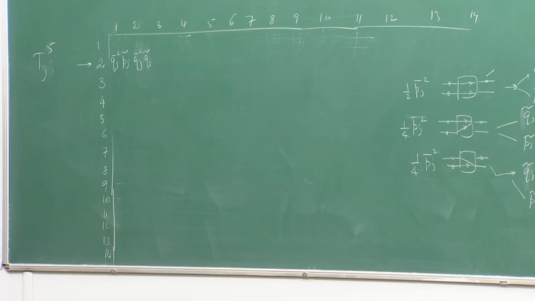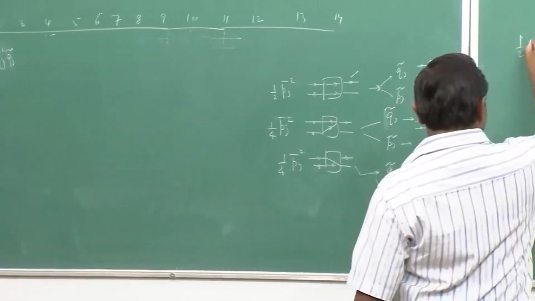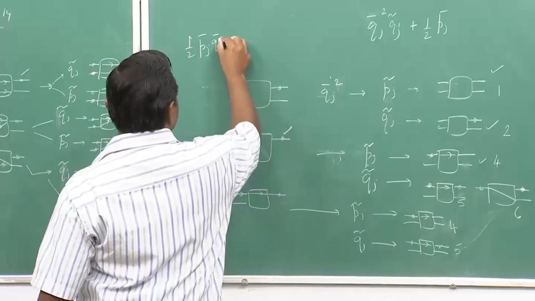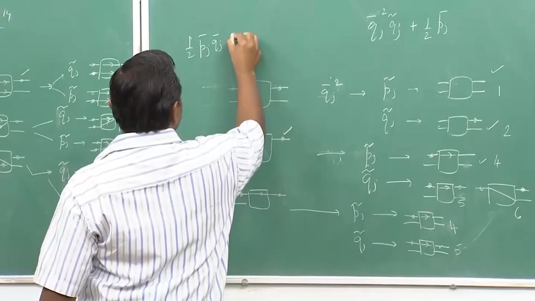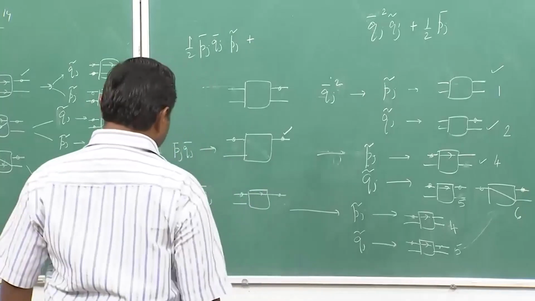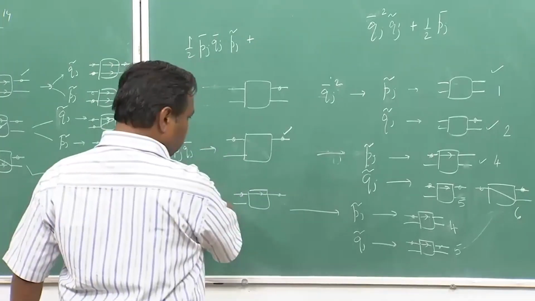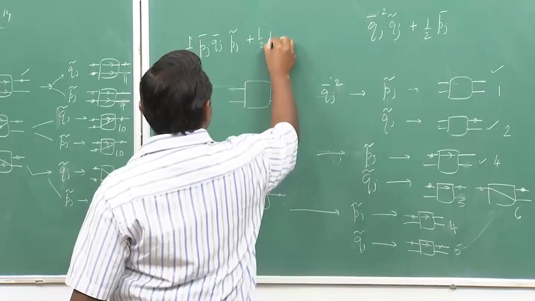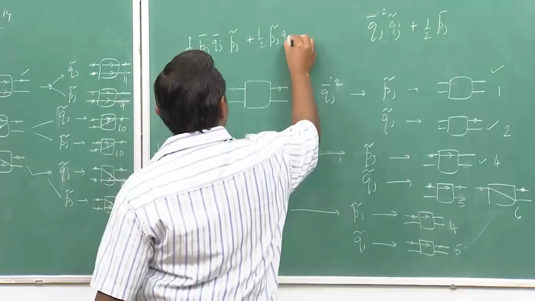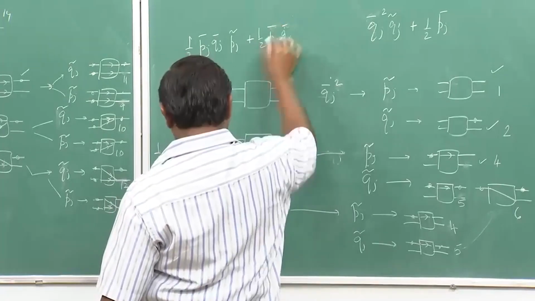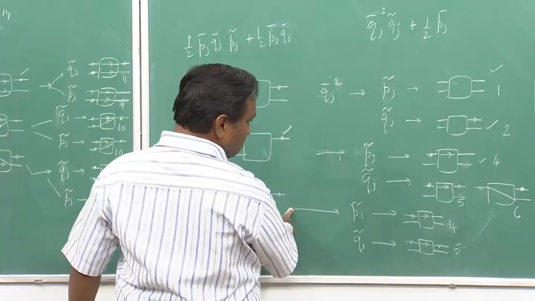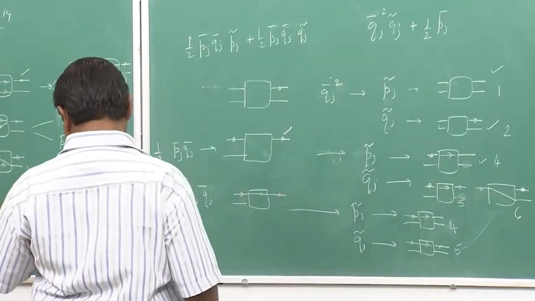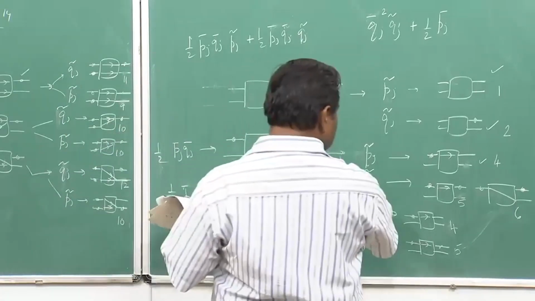So, it is half pj bar qj bar pj tilde. From this side if I go, half pj bar qj bar and with qj tilde. Oh sorry, this is also qj tilde.